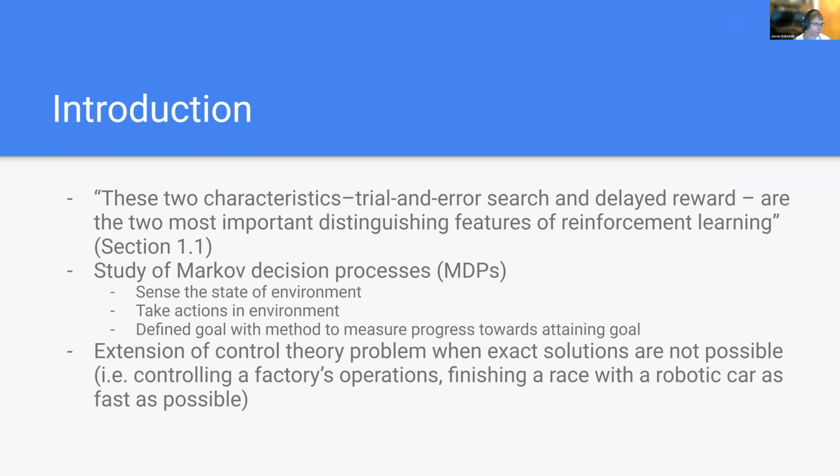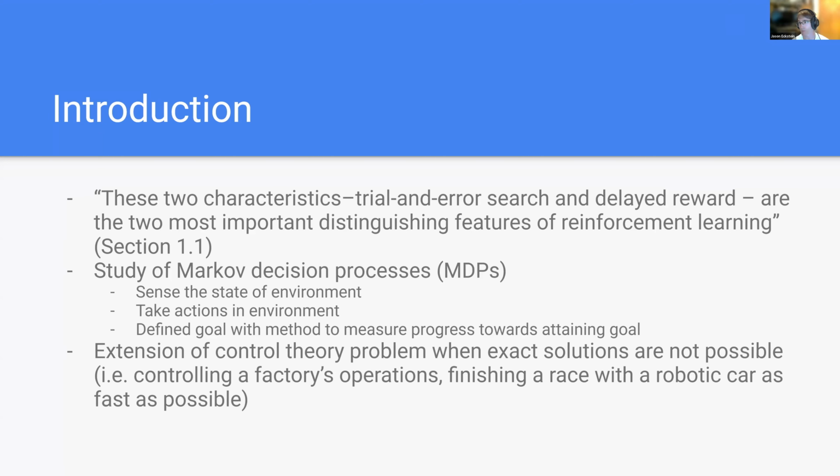Now, the actual formal name for the problems that we'll be studying is Markov decision processes, often abbreviated as MDPs. What defines these problems is that there is a specific state of the environment, which has a well-defined structure. At any moment in the process, you can ask what is the current state that I'm in, and it has a well-defined set of information that constitutes a state.